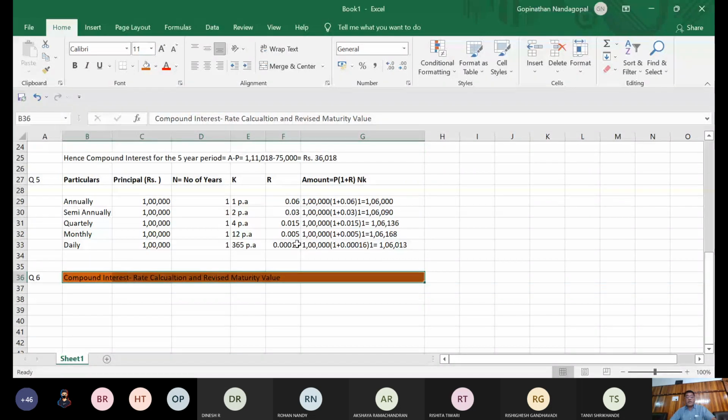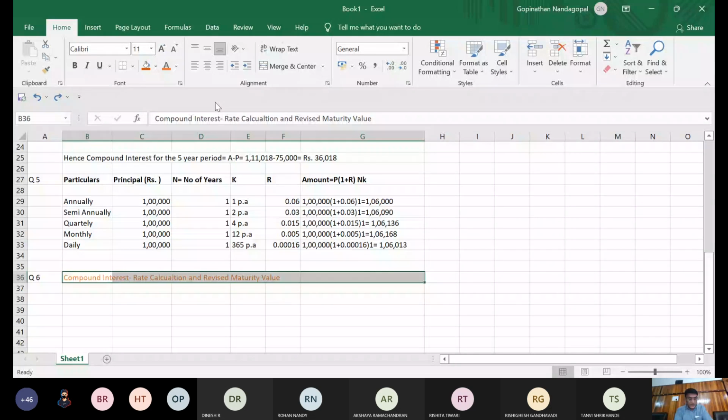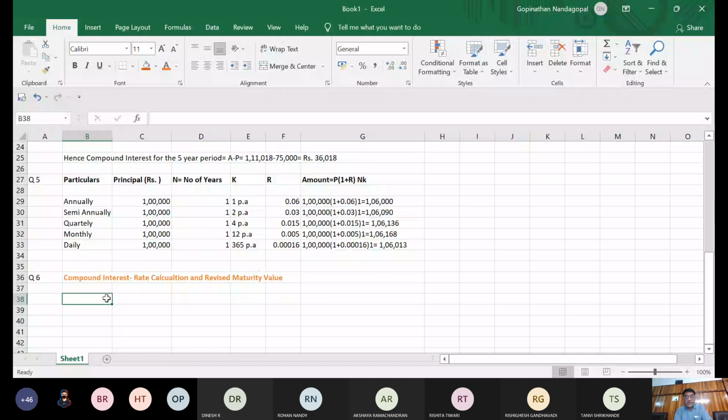Yeah, we call it as A. So the formula is P(1 + R)^NK is equal to A. So A is considered to be the maturity value.